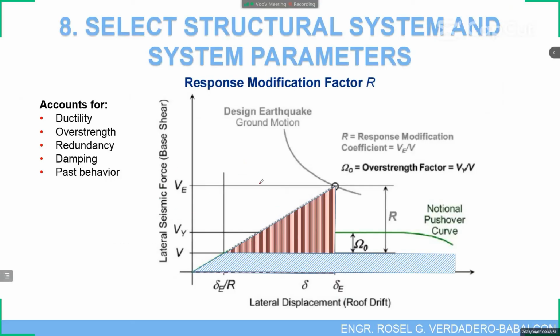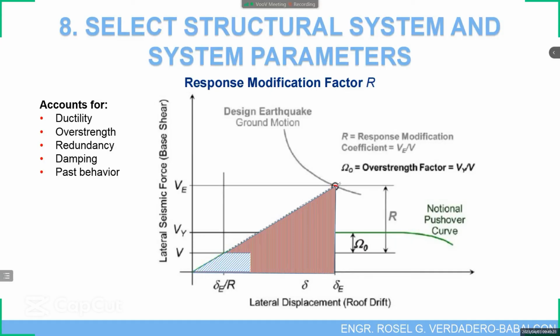Using the response modification factor, here is the shaded red region, without the response modification factor. So you can see that the lateral displacement is around this value, and the base shear, the lateral strength of the structure, is around here, at this point.